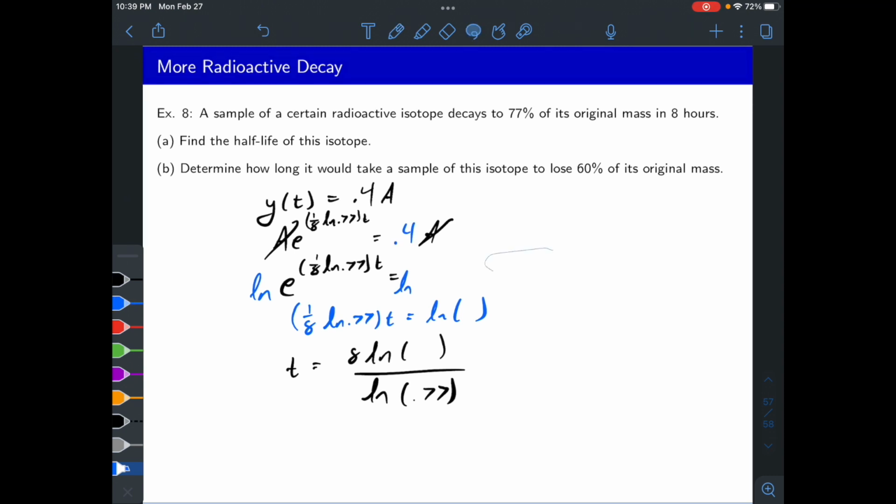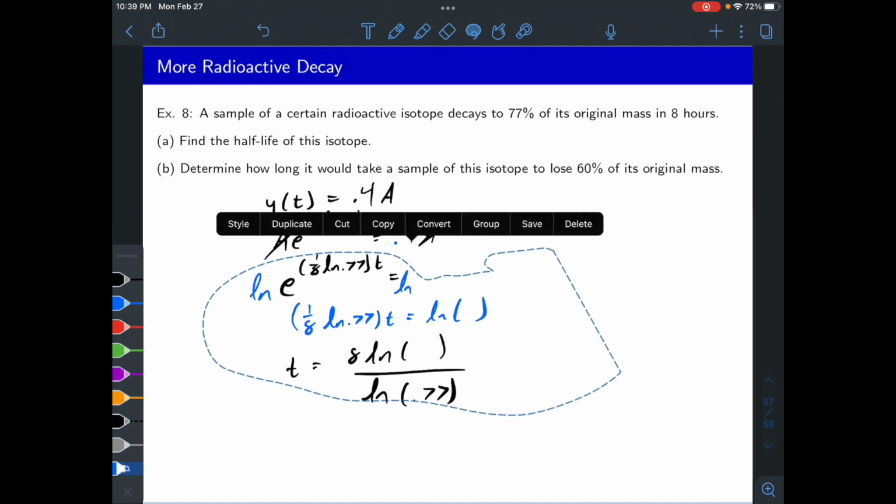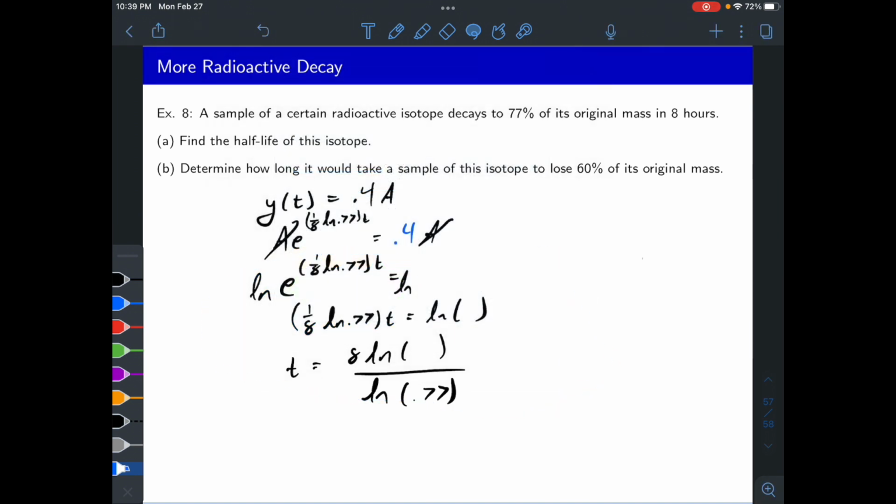Let's just make everything in black. 0.4, 0.4, 0.4, 0.4. And really all of these same exact steps just work out. When does y of t equal 0.4a? Well, this is what y of t is. You can divide through by a, take ln of both sides. Ln of e to the something equals something. Then divide through to solve for t, and this is your t value.